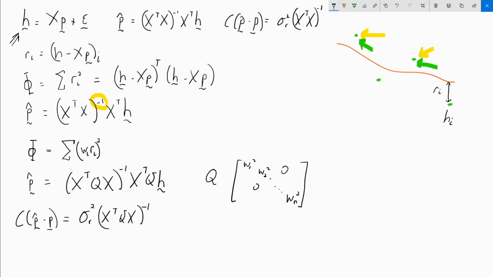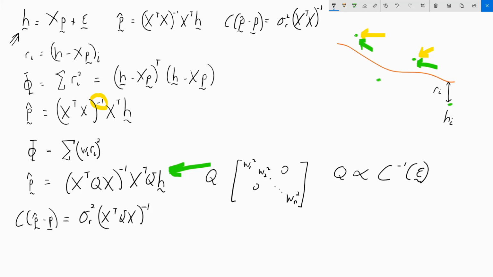And it can also be shown with a little more difficulty that my solution to the inverse problem achieved through this equation is the solution of minimum error variance if, and only if, Q is chosen to be proportional to the inverse of the covariance matrix of measurement noise.